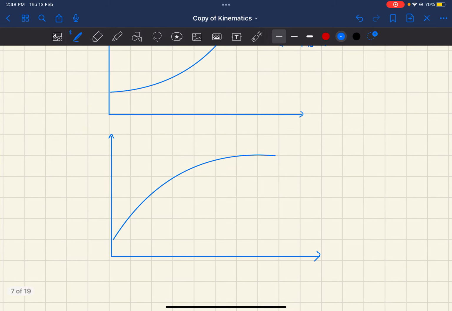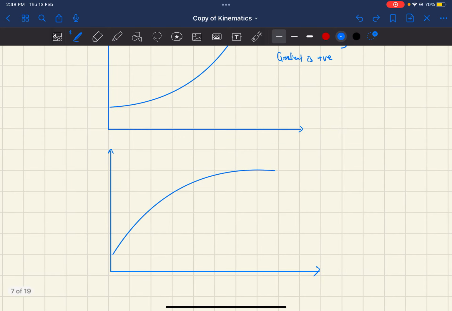Last one over here. The graph is becoming more and more gentle. As a result, your gradient is decreasing, and your gradient is positive as well because it is sloping upwards.